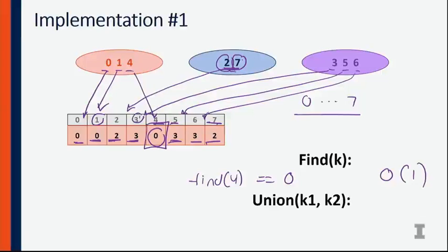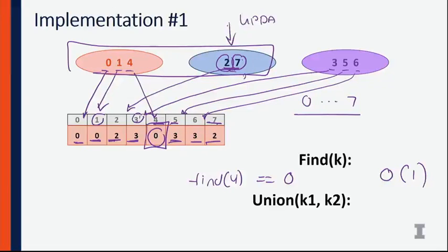But let's think about what happens when we need to union two things together. Suppose I want to union the elements 4 and 2 together. Unioning 4 and 2 means that the entirety of the left set and the middle set must be unioned into one same set. What that means is 2 and 7 need their set identities updated to be 0.